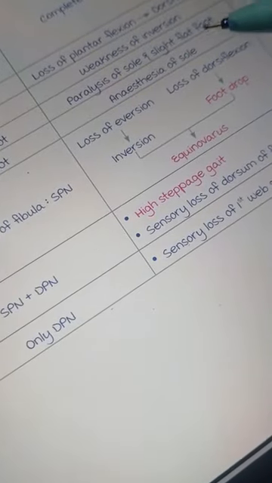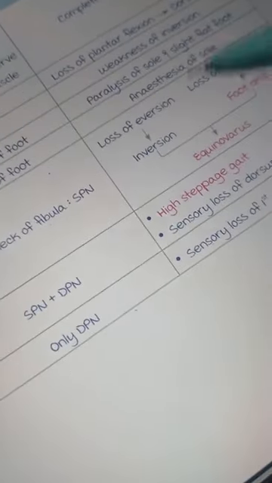And we can say this dorsiflexion or extension, foot drop, equinovarus will be the condition which is caused. This is a very important clinical aspect, equinovarus.